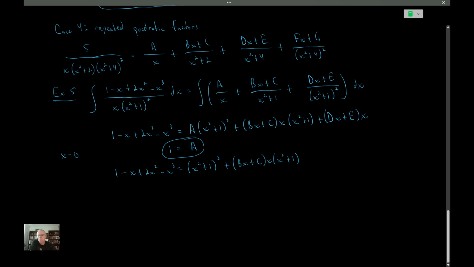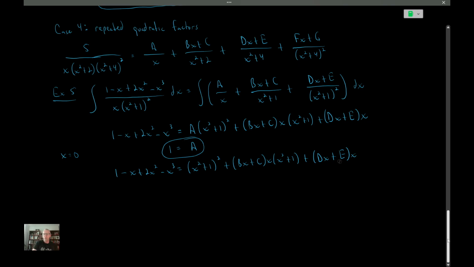X squared plus 1 plus Dx plus Ex. Okay, so now if this x wasn't here and if this x wasn't here, you could plug in 0 for x and then it'd get rid of the Bx and you'd still have the C, but that x kind of throws a wrench in that, so we can't really do that.